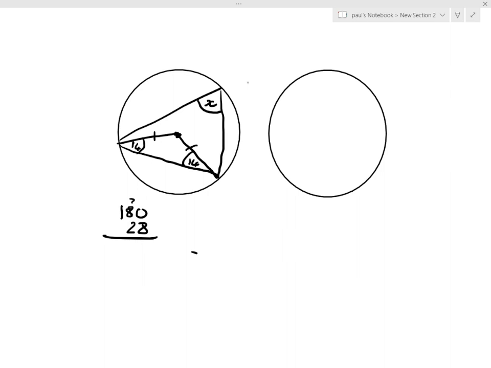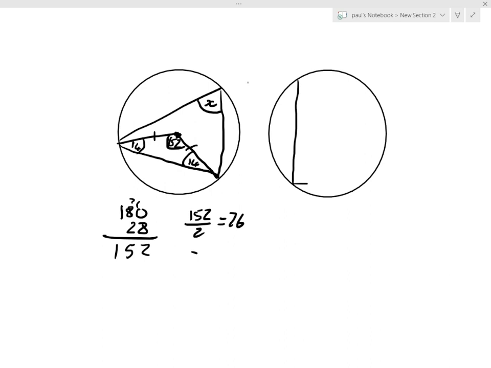So this one is 152, and therefore x is half the size of 152. So 152 divided by 2 gives us 76 degrees. Good.